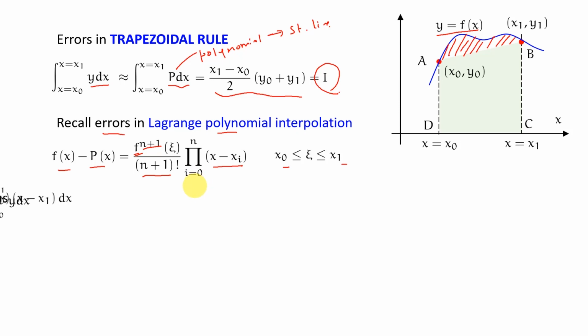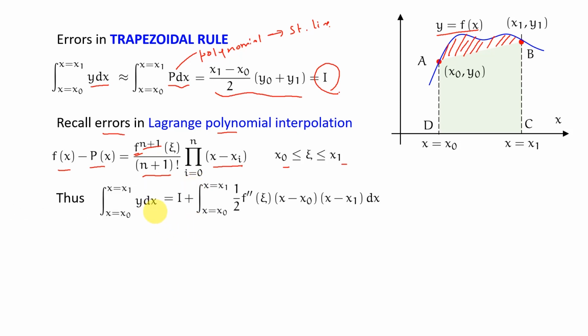Now in case of this integral, we can clearly say that, well, if I integrate this polynomial I get I, and if I integrate this f(x), that is simply the integral of y dx from x0 to x1, this is the integral of f(x), which will be equal to the integral of polynomial, that is the I, and then I integrate the error term.